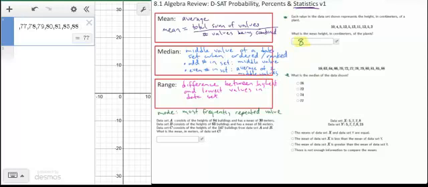And notice it tells you 77 is your median when you perform that step. And now, let me show you how and why doing it by hand would probably be easier.